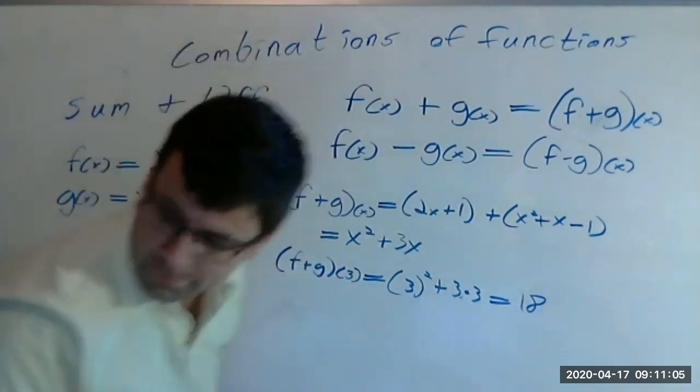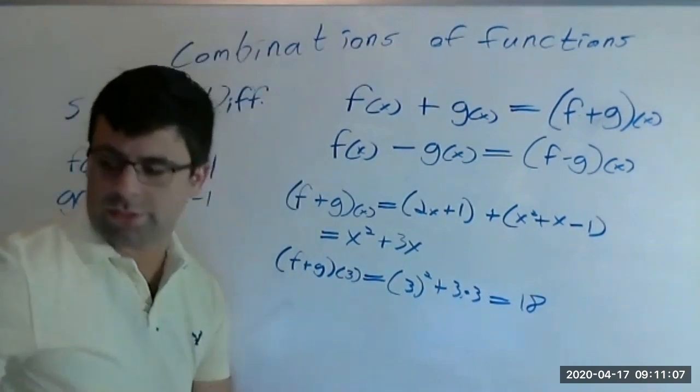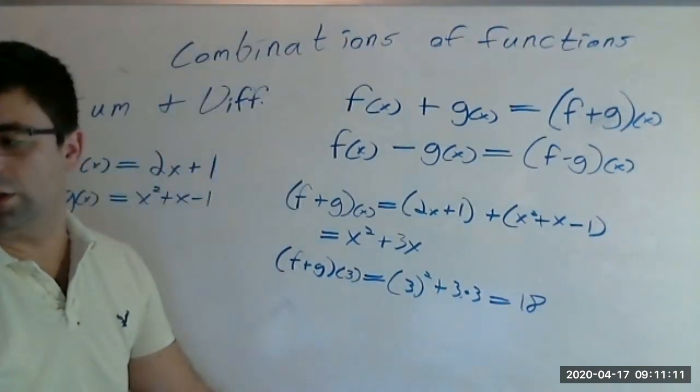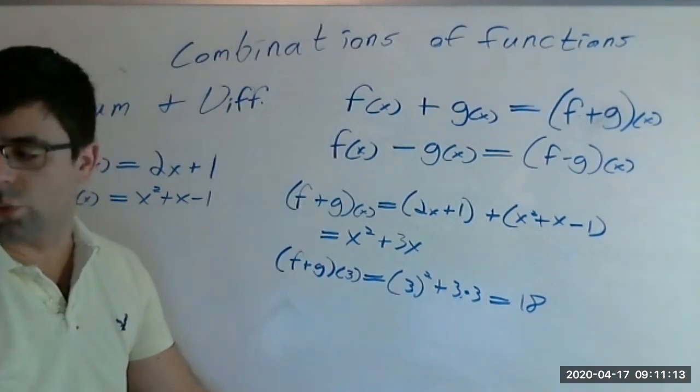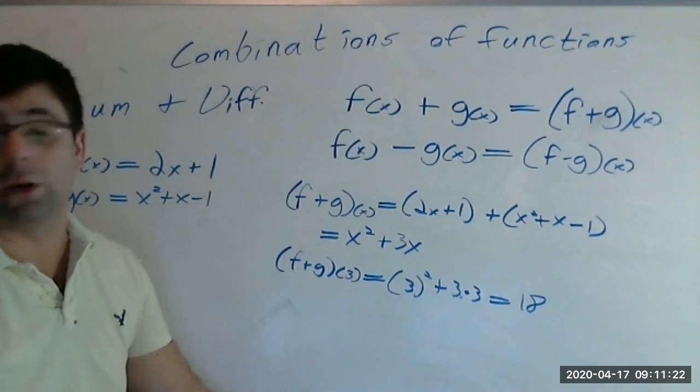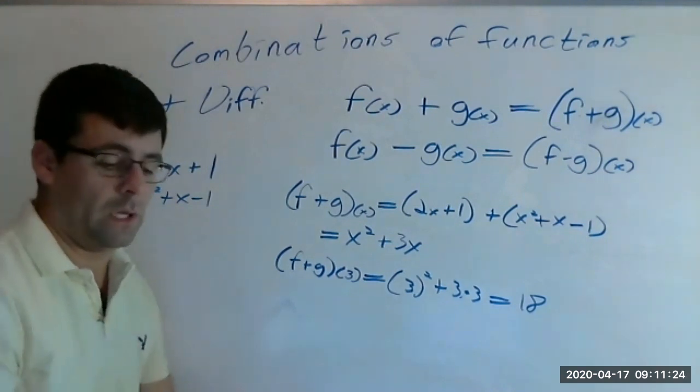That equals 18. So, like I said, nothing crazy, nothing wild. This is really just a shorthand for something that we've already done a bunch already. But it's very helpful shorthand.